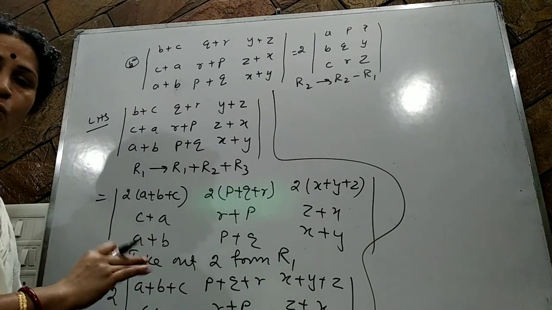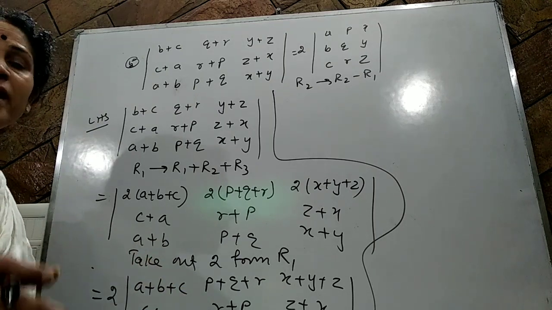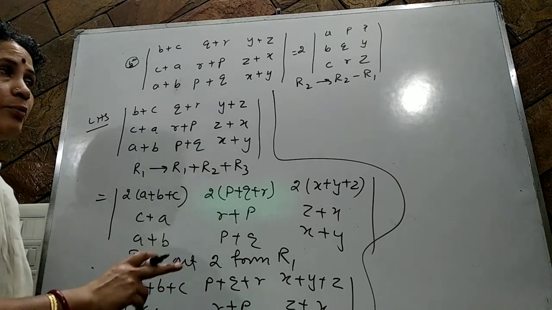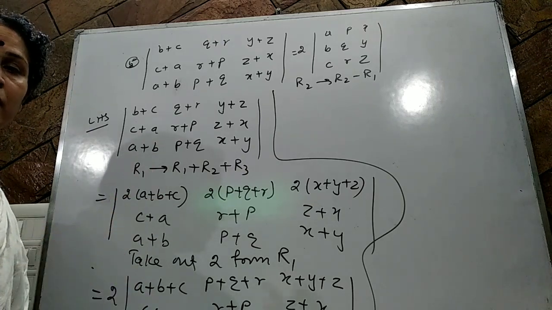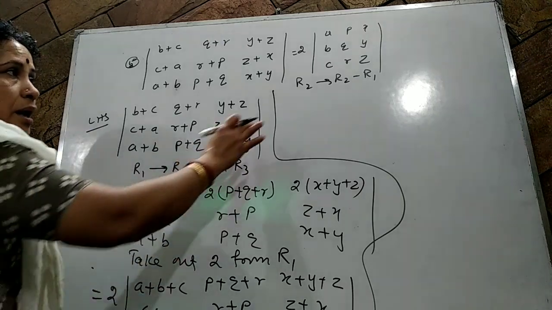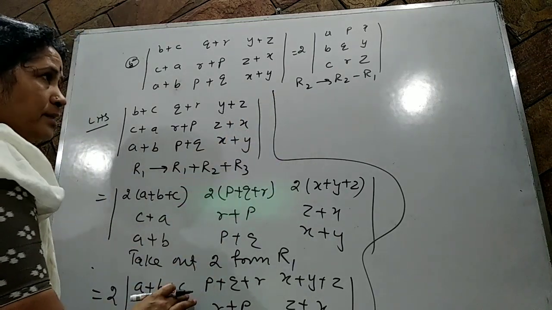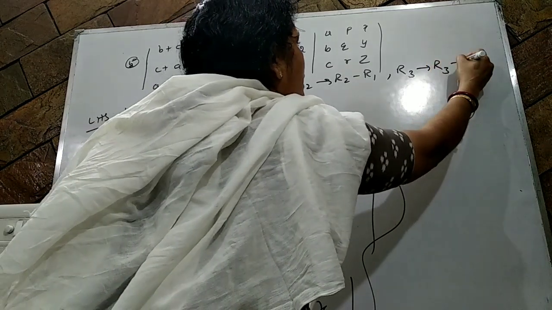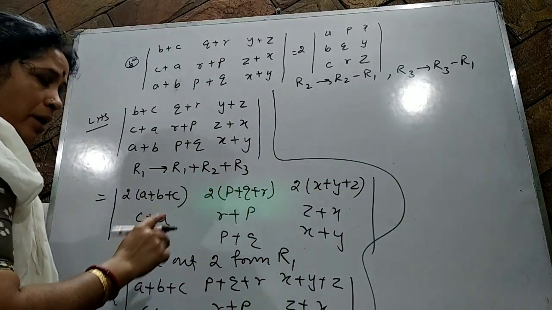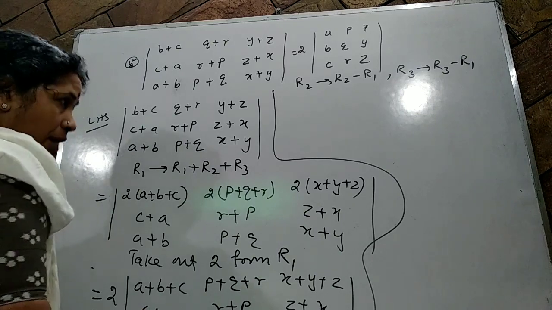With the help of that row, you have to change another row. Otherwise, you will get confusion. That's it. Running operation, don't do R1 minus R2, R2 minus R3, R3 minus R1. Don't do like that. Now R2 can be written as R2 minus R1 and R3 can be written as R3 minus R1. I am keeping R1 constant. With the help of R1, I am changing R2 and R3.